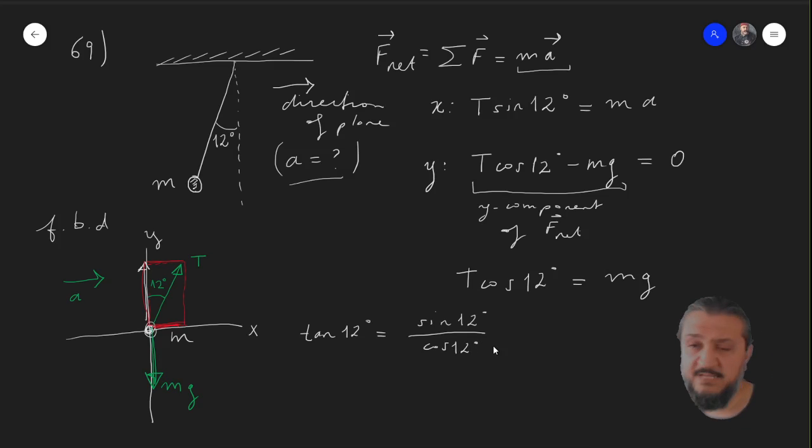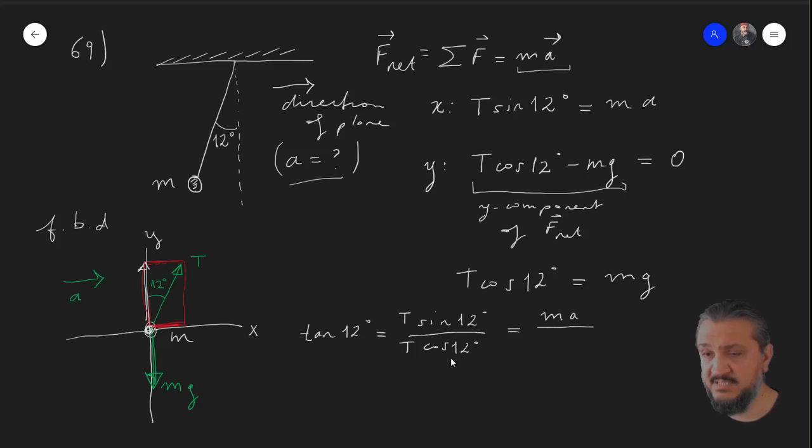If I multiply both the numerator and the denominator by the same number, does anything change? No. So let's multiply it by T and T here. But what is T sine 12? That is ma. And what is T cosine 12? That is mg.